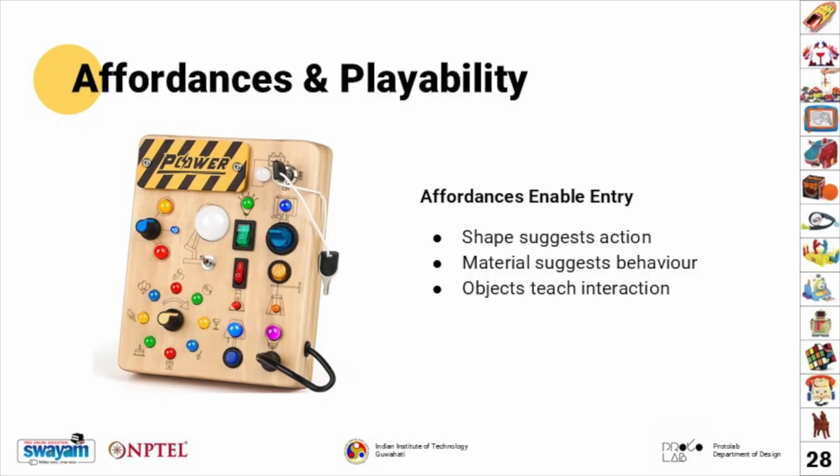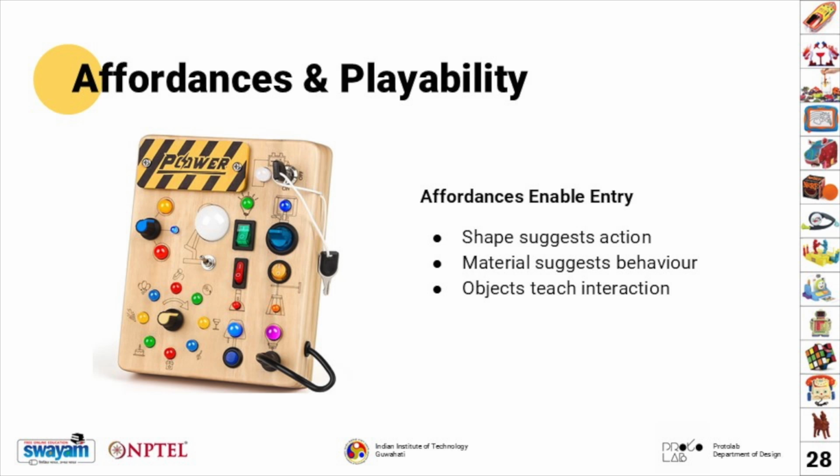These can be done in multiple ways, such as affordances. Affordances are cues in the object that suggest how to interact with it. A handle invites pulling. A hole invites insertion. A soft object invites squeezing. When affordances are clear, children do not need explanations.